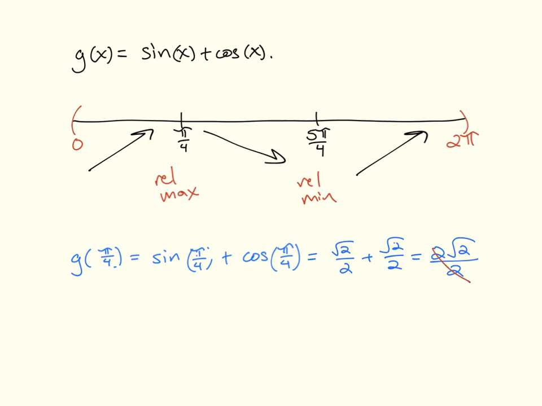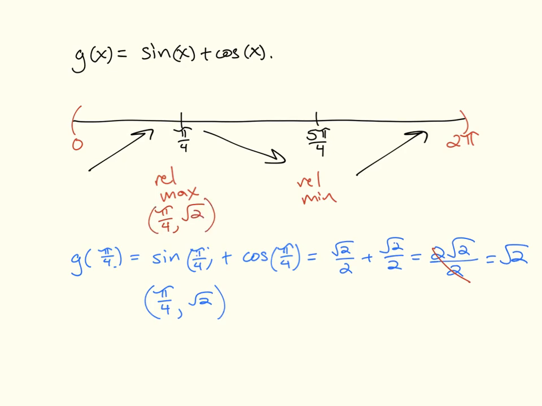And what you'll notice is that the 2's cancel, and we are just left with the square root of 2. So when you substitute in pi over 4, you get back square root of 2. So our relative maximum happens at pi over 4 comma square root of 2.